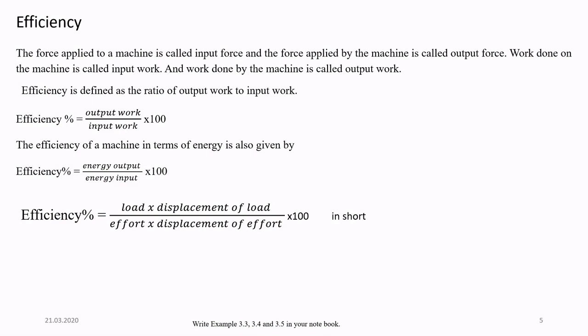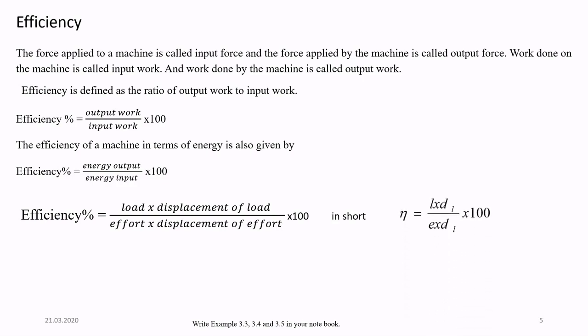Load here is the amount of load tied at the other end of the pulley, and displacement of load means how far the load is displaced. Effort is the input energy that we apply to the pulley, and displacement of effort is how far our effort moves as we pull the rope.